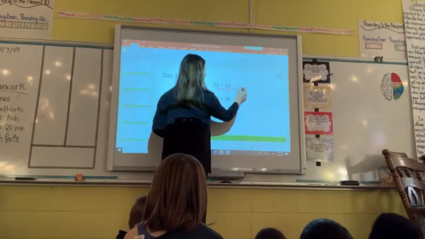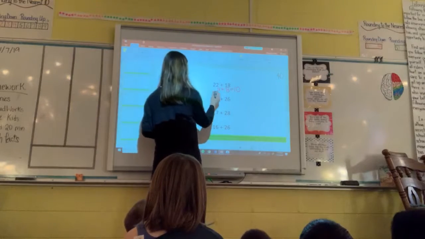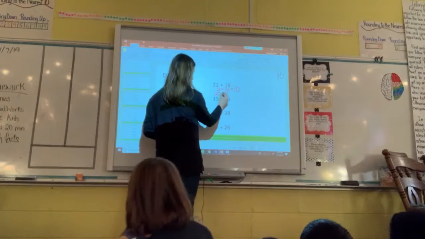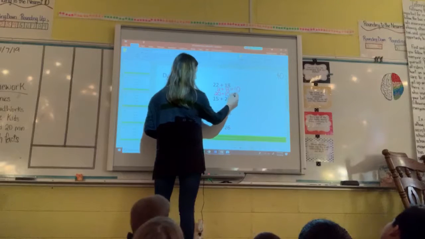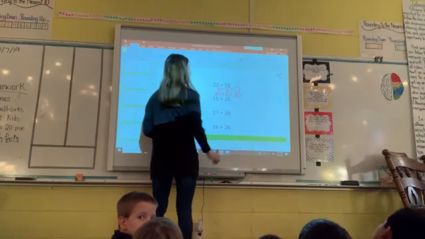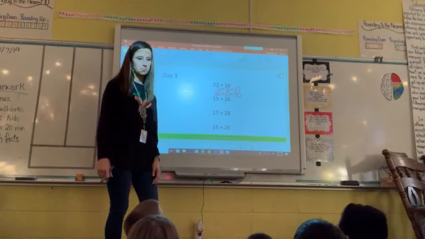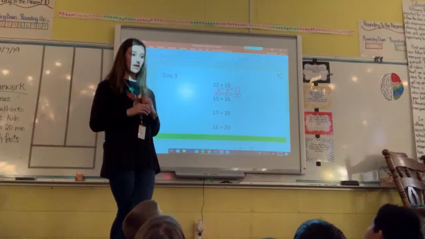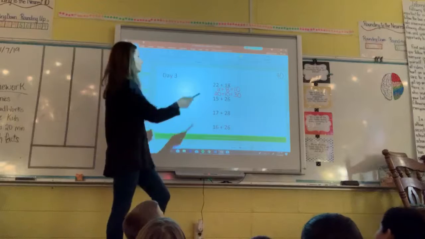Then what did you do, Emily? Then I put 20, 20 plus 10 plus 10 equals 30. How did you know to put 20 and not 2? Because 2 is in the tens place and 1 in the ones place. Okay, 2 is in the tens place, therefore the value is 20.